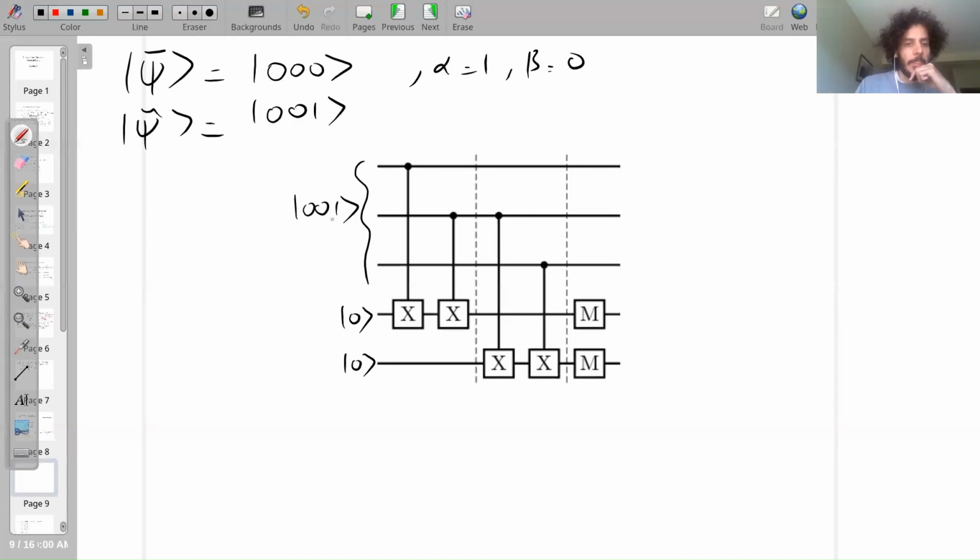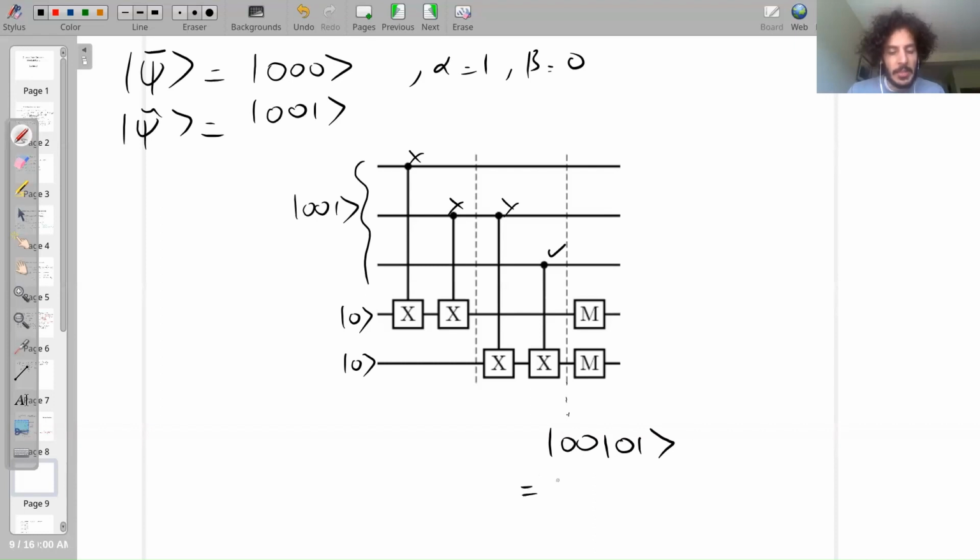You can see that this one does not trigger, this one does not trigger, this one does not trigger, only this guy triggers. So ultimately what you get over here is 0, 0, 1, 0, 1 as the value of your 5 qubits, right?